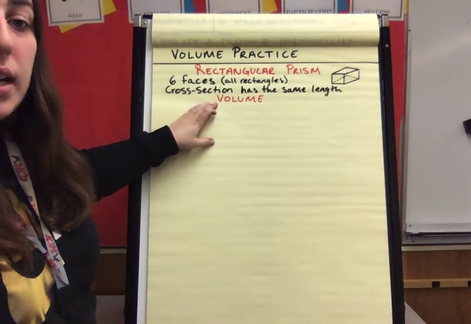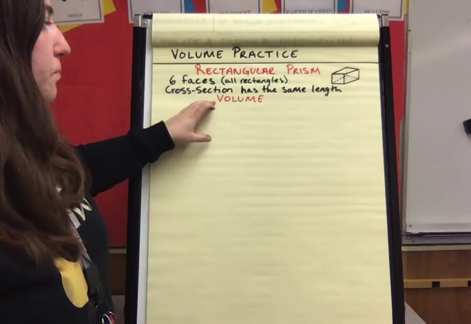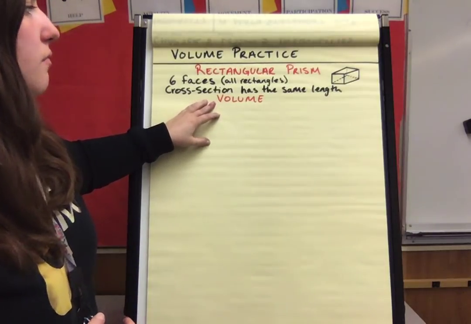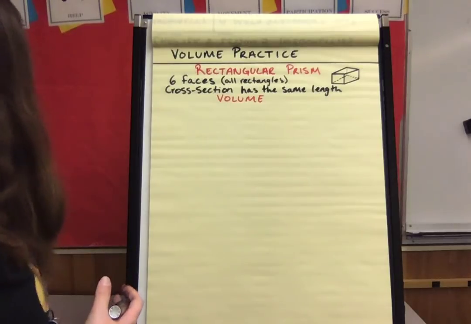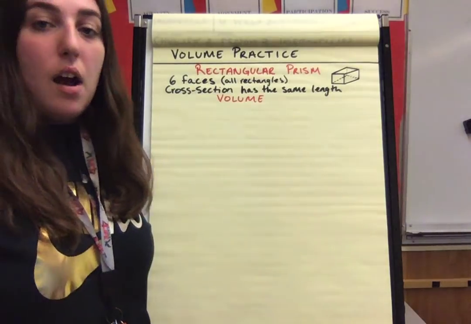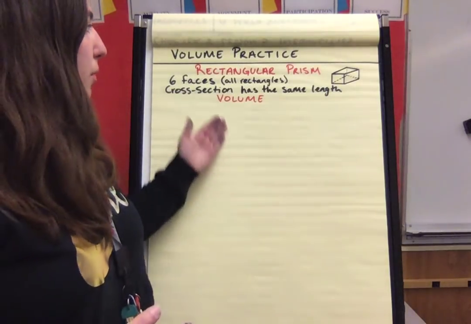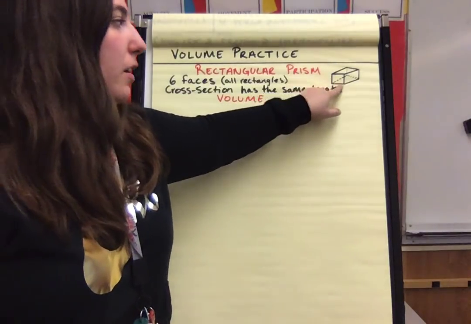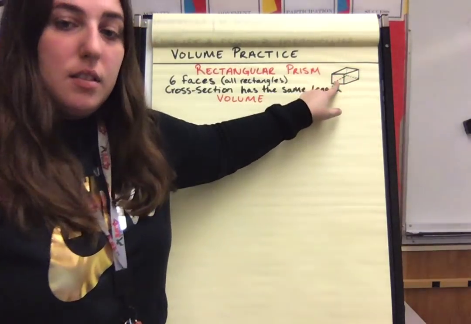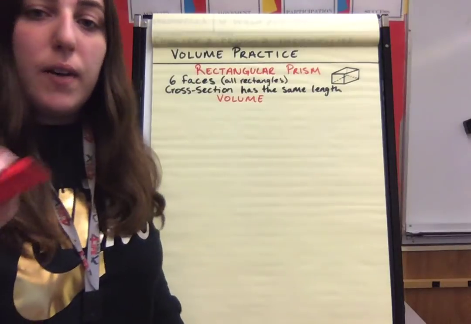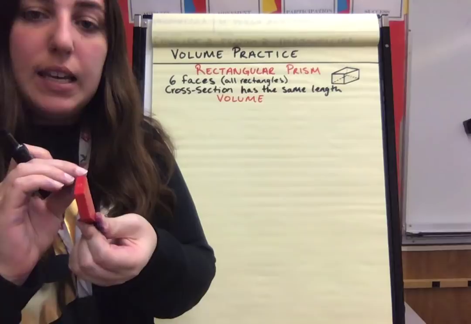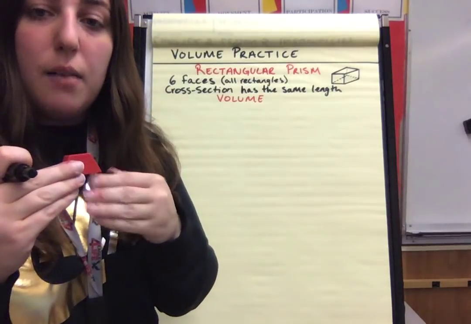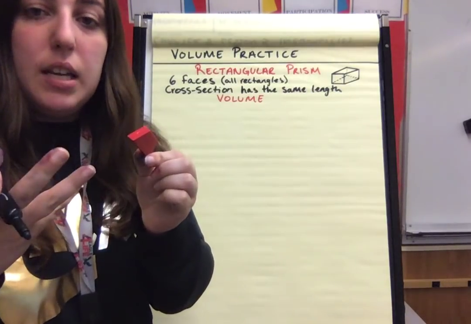Now, real quick, we'll write down the definition of the volume. So the volume we define as the amount of space in an object. So when we're trying to find volume, we want to figure out how much space is in here. If we were trying to find the volume of this, I want to know how much space this is taking up, right? It's not a flat object. It's 3D, right?